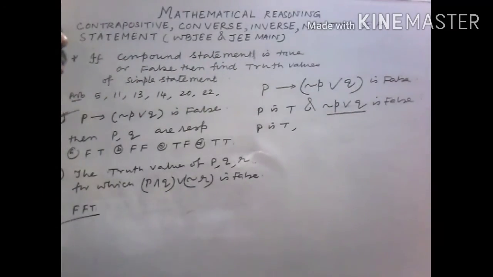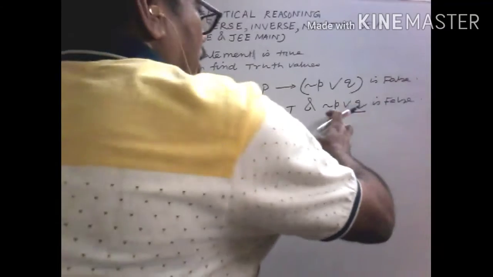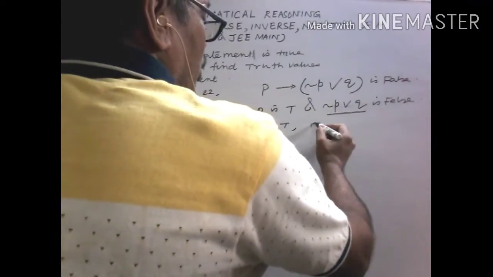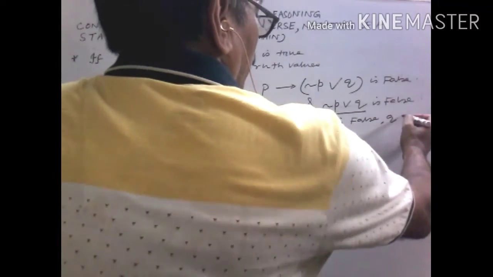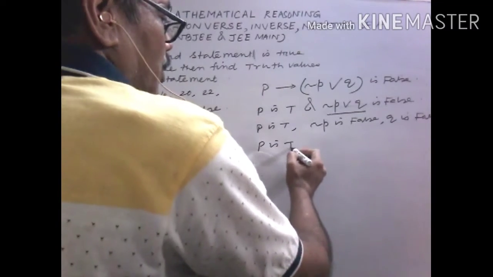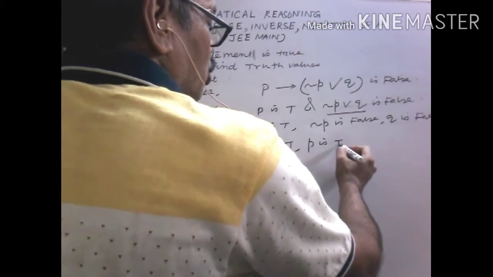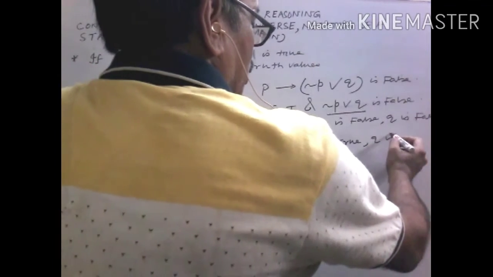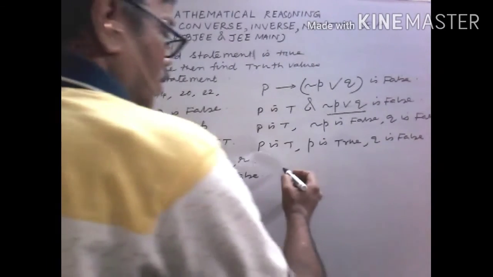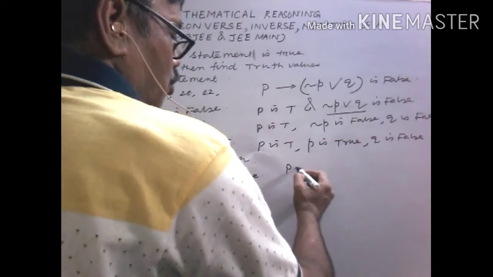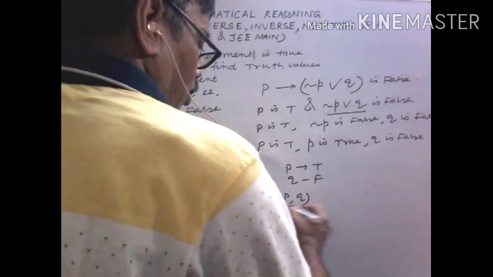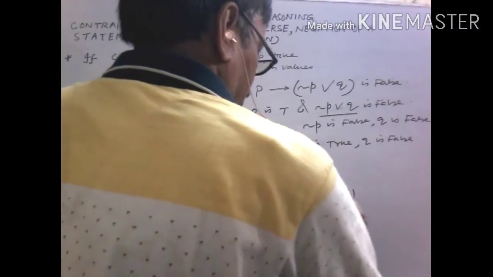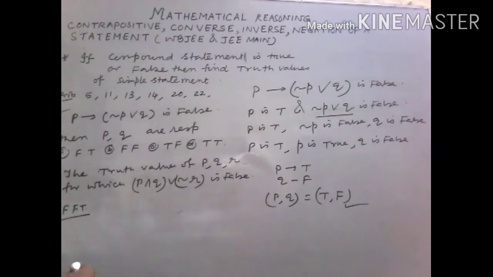Now union, that is parallel connection, is false when both are false. So negation P is false and Q is false. So P is true, Q is false. The answer will be TF.